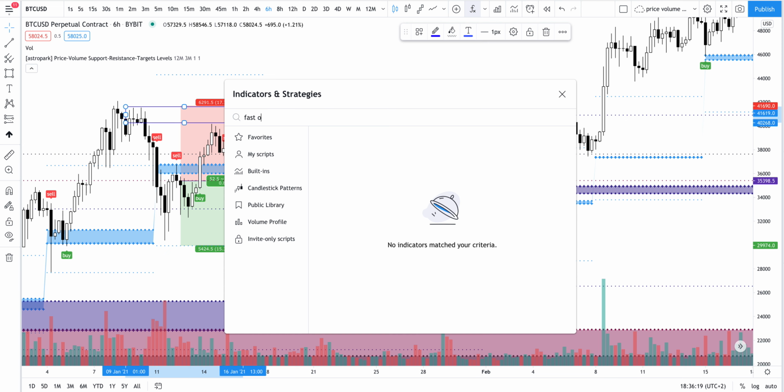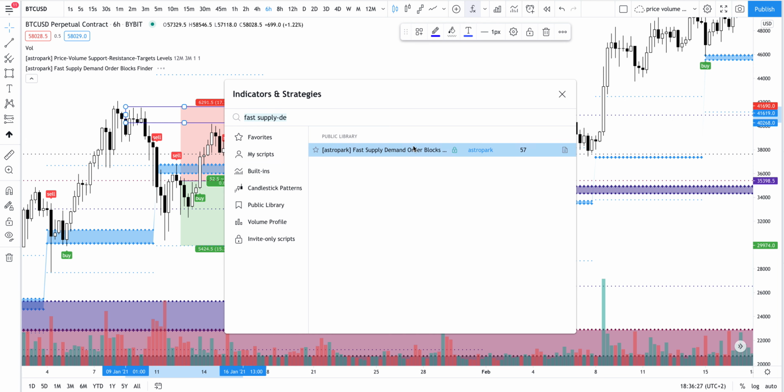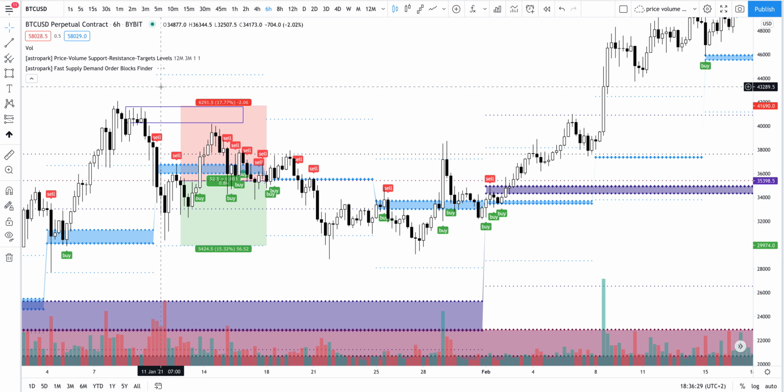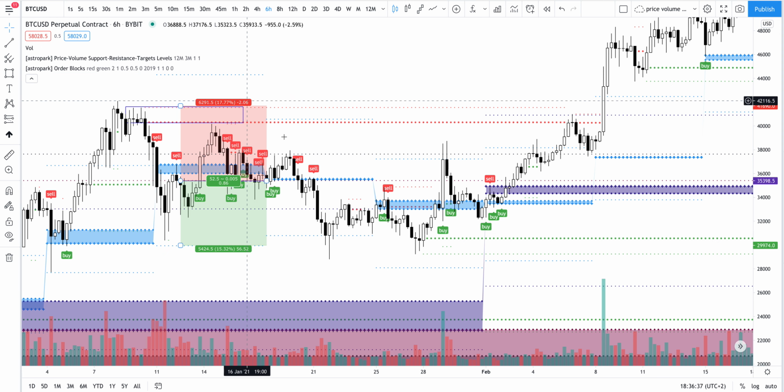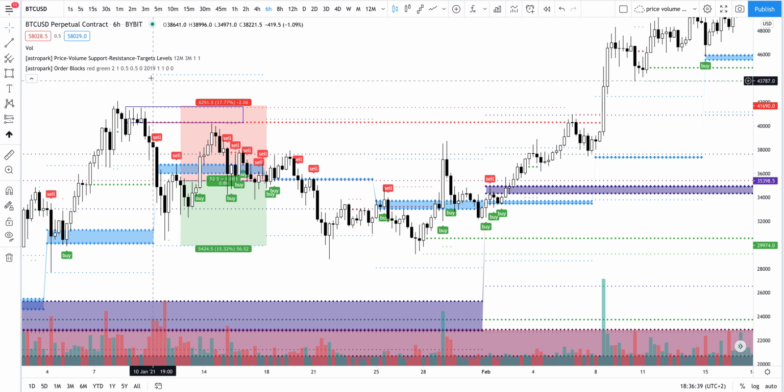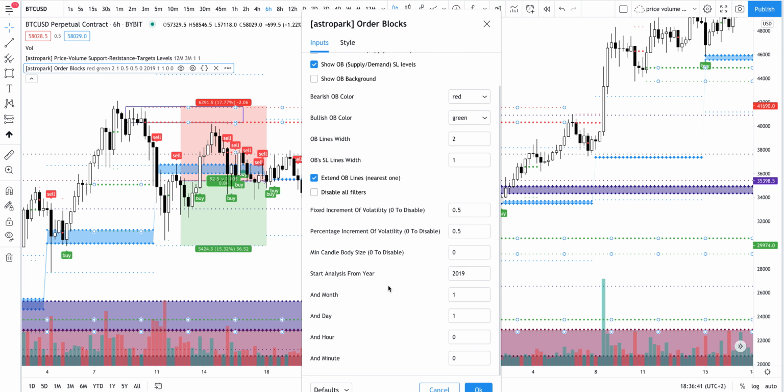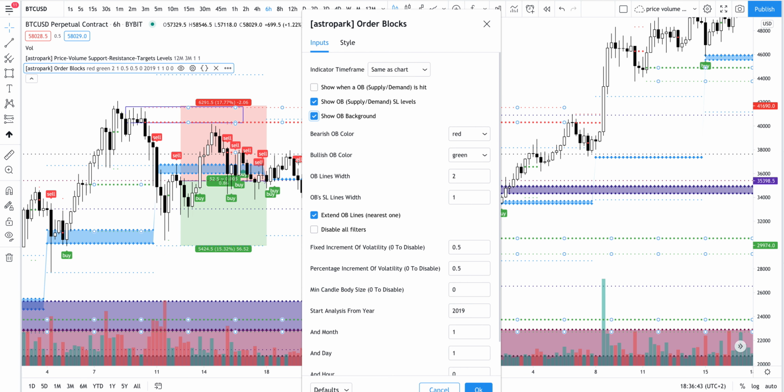Fast supply demand. I made so many indicators that I don't remember the names sometimes. So here, for example, this was a supply. Okay. I want to see also the background.